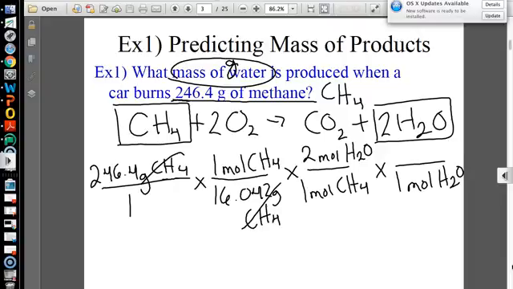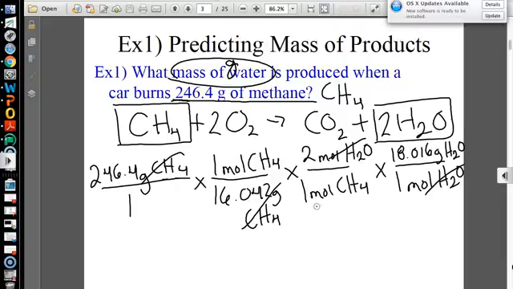When I do that, I get 18, but, you know, to be a little bit more accurate for you. Dang it. And so moles cancels.